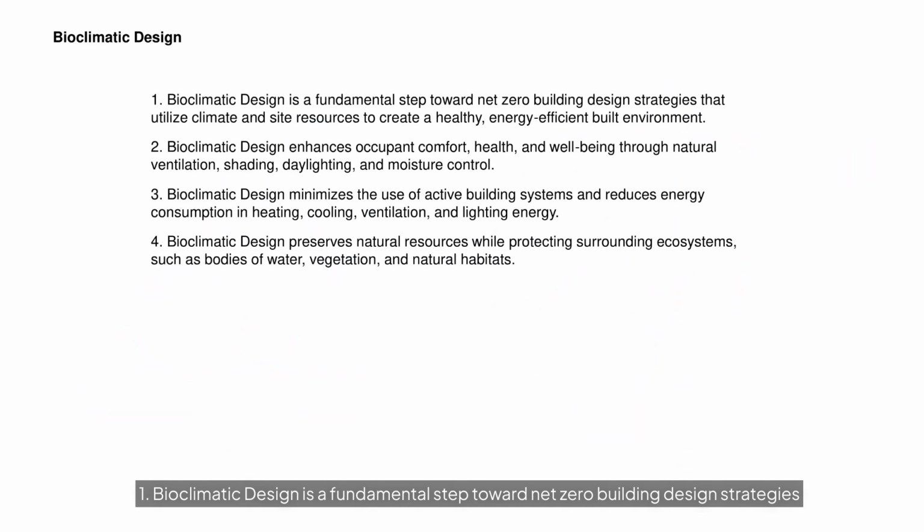1. Bioclimatic design is a fundamental step toward net zero building design strategies that utilize climate and site resources to create a healthy, energy-efficient built environment. 2. Bioclimatic design enhances occupant comfort, health, and well-being through natural ventilation, shading, daylighting, and moisture control. 3.